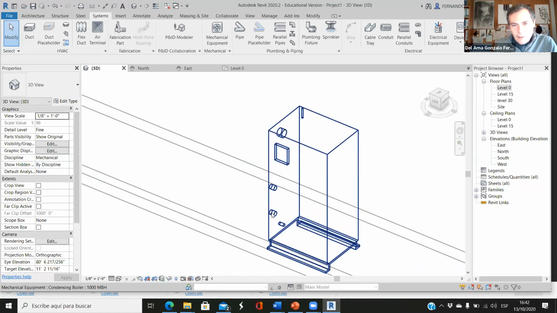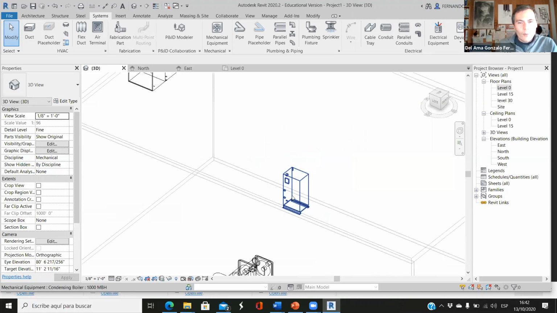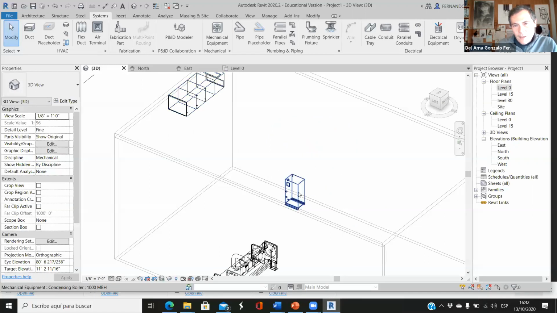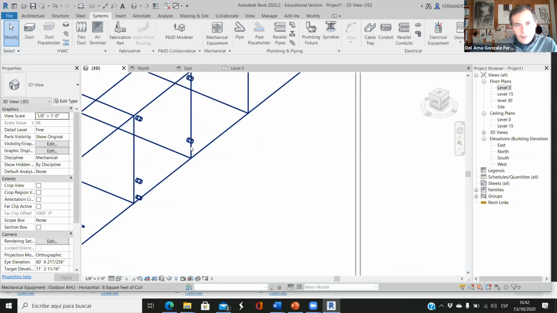But if we select the inlet and the outlet, that's fine. So probably if we can't use this because there's something here that prevents us from using this one, then we have another inlet here. But anyway, we will use these two ones, and we will connect this to the boiler. So we have to connect this to the heating coil of the air handling unit.